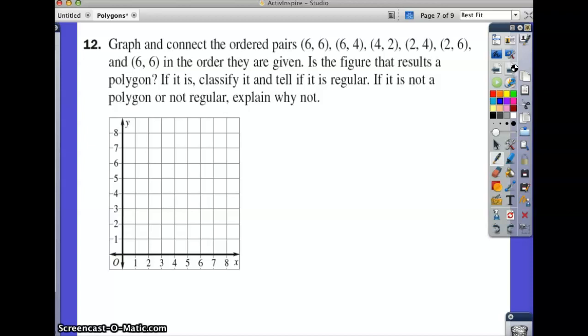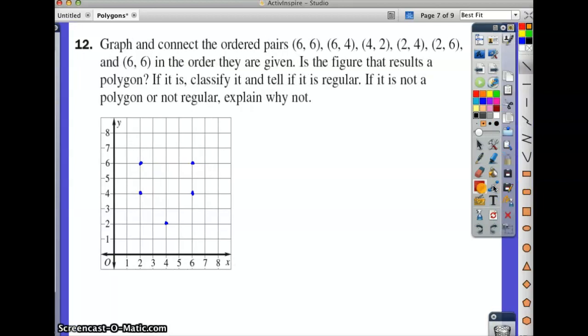You have 6, 6 right here, and you have 6, 4 here, and you have 4, 2, 4, 1, 2, 3, 4, and then 2, 6 is here. Alright, now we'll connect these dots and see what we come up with.